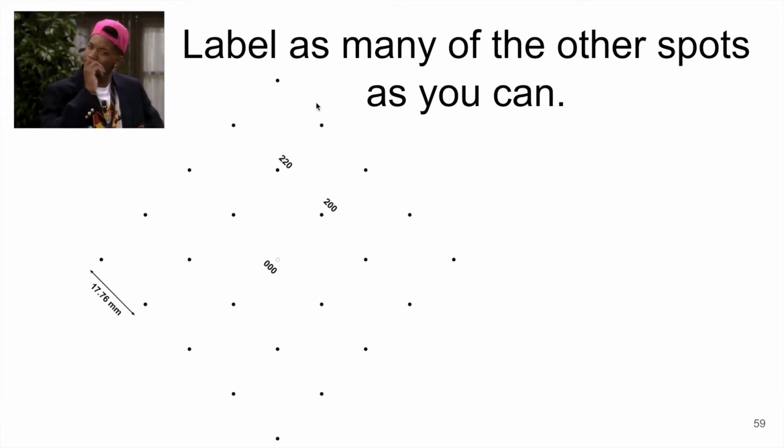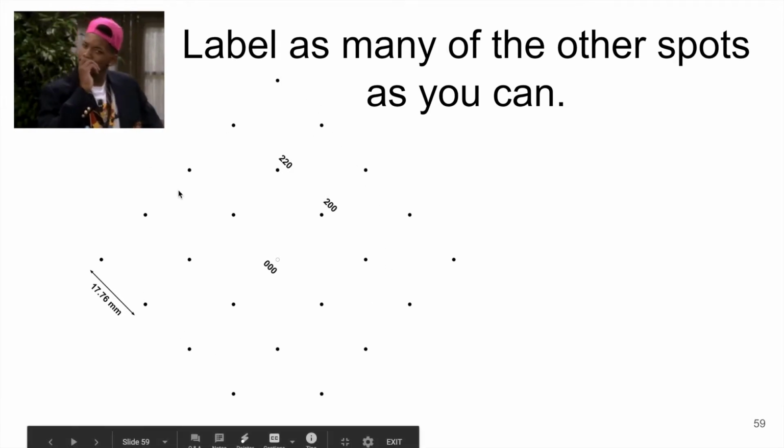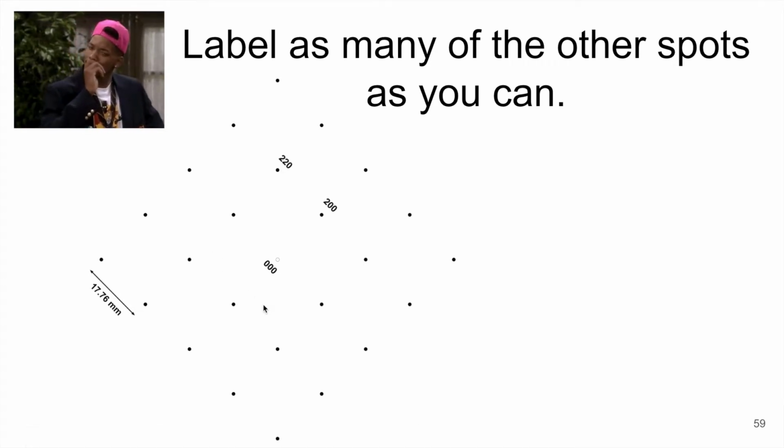And so let's say that I've given you this pattern here, which is also going to appear in the quiz. It's a diffraction pattern, a spot pattern. You see the central spot, which is labeled as the origin, 000. I've given you labels for two peaks, and this is actually the one that you saw in the previous example.